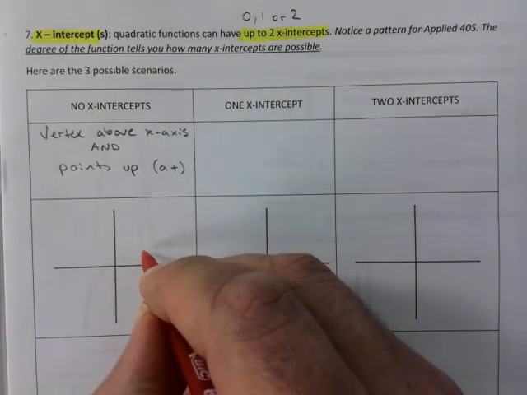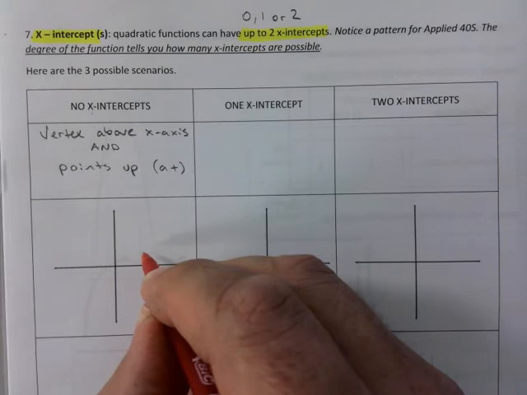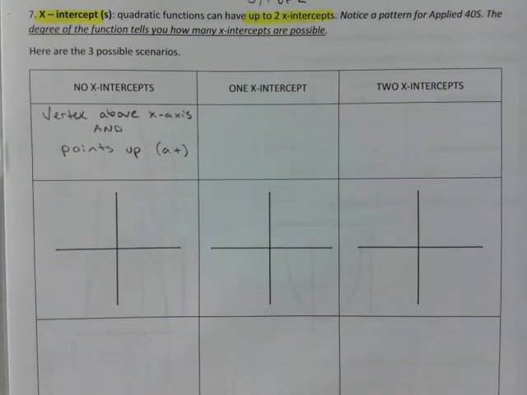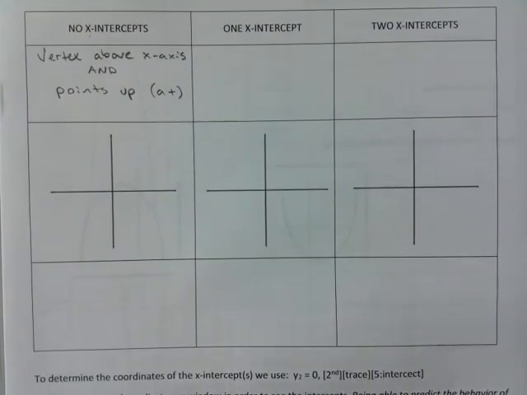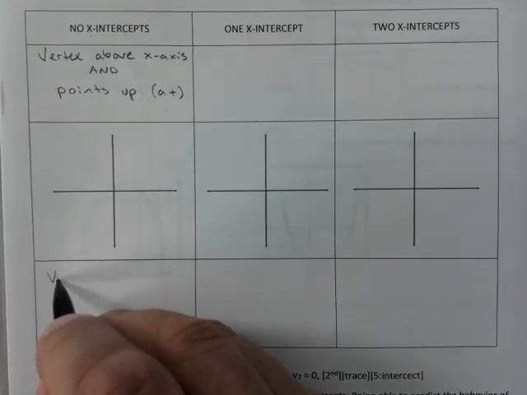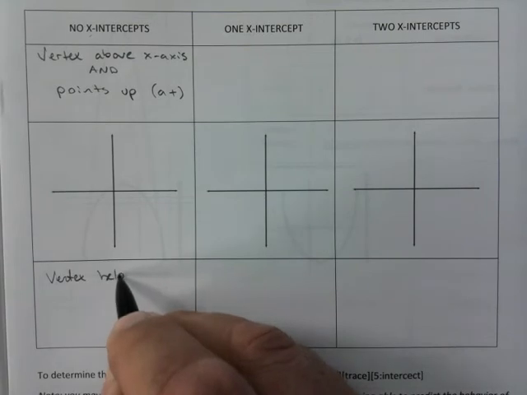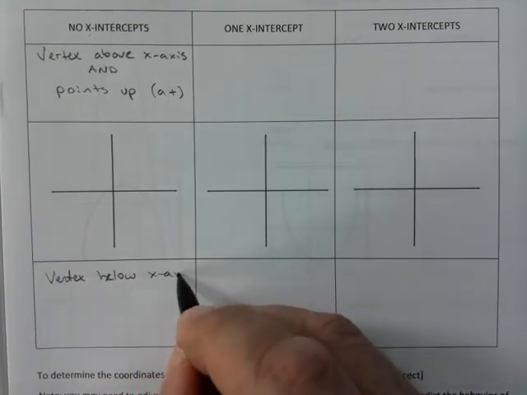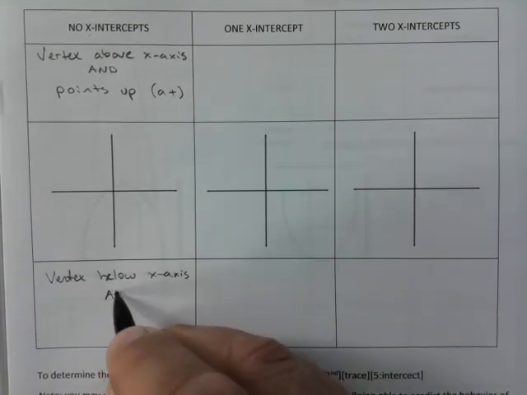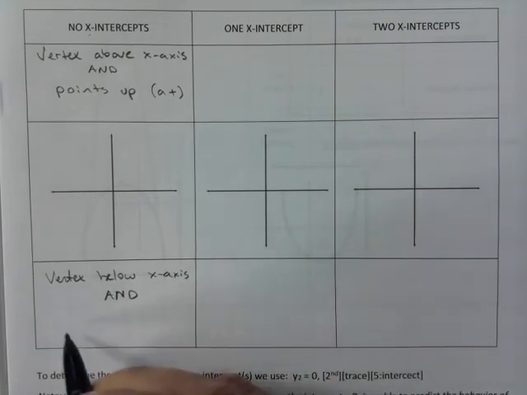And so let's look at it. I'm just going to have the whole thing on here. The other one is where the vertex is below the x-axis and points down.